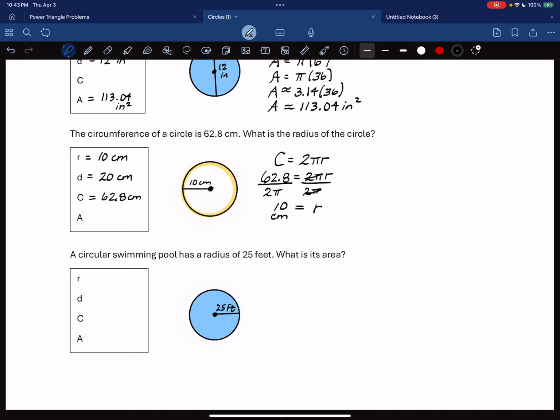And we want to know its area. We want to know how much surface is covered by water. So radius is 25. That would give us a diameter of 50. And we are looking for area, which I know will be square feet when I find it.